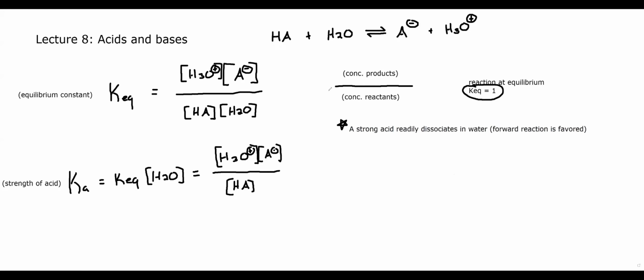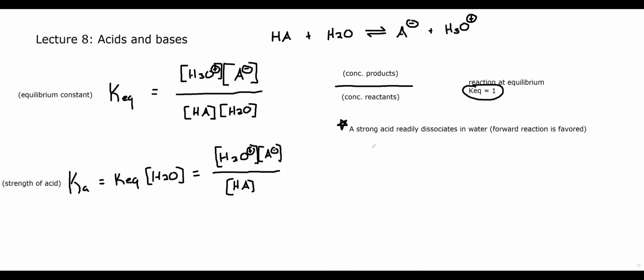If we have a very strong acid, looking up at our generic example on top, that means it has a hydrogen that is very willing to leave. It wants to be A minus. That hydrogen really wants to leave from the acid. So a strong acid will readily dissociate in water.